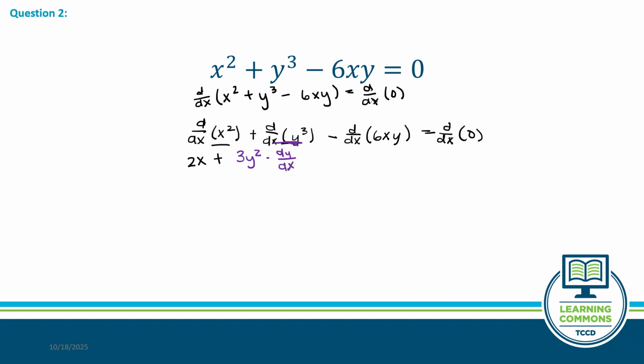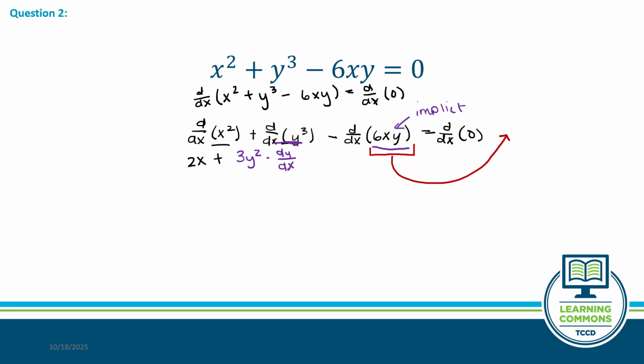Okay, and now here we are again. Another instance of y, so there's going to be some implicit differentiation. However, again, you have x's and y's in the same expression. So it's 6xy. So again, it's going to be product rule.